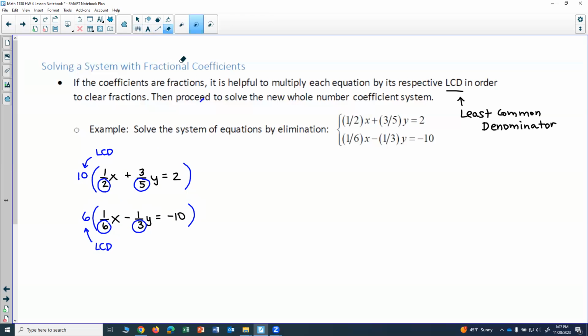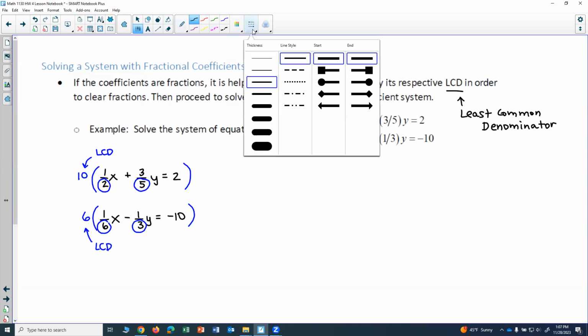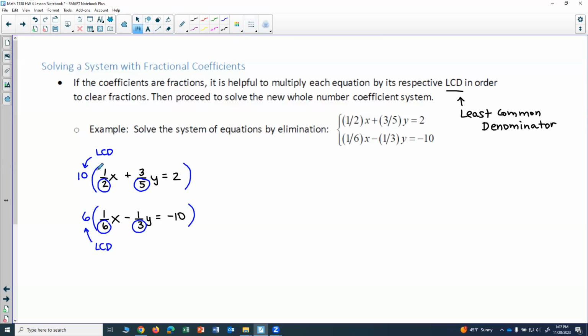So now I get to distribute that, and I'm going to multiply each term in the equation. That 10 pulls through. So 10 times 1/2 will give me 5x. 10 times 3/5, if you need to do the calculation on the side, you can.